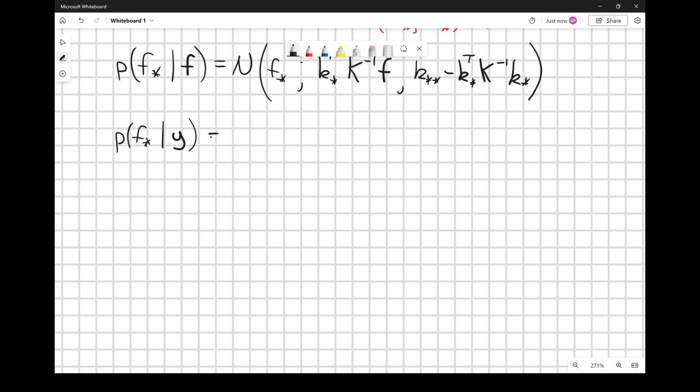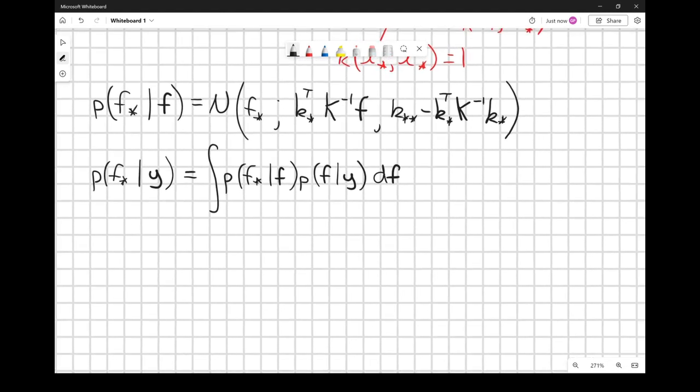And you can compute this by evaluating the integral of the probability of f star given f multiplied by the probability of f given y, all over df. So what we're doing here is we're marginalising over f, because that's the thing that we don't know.